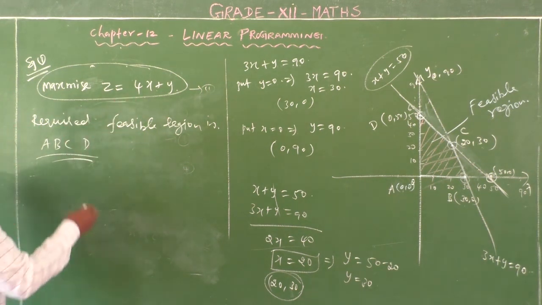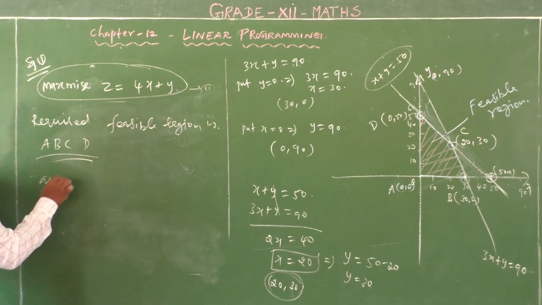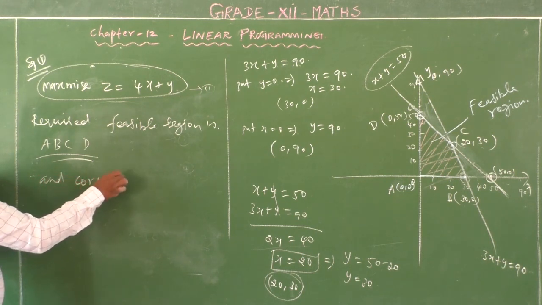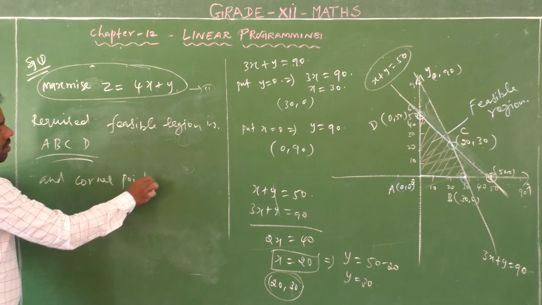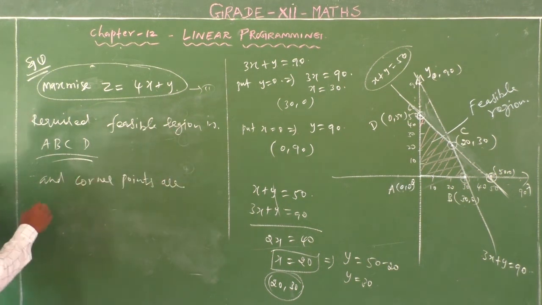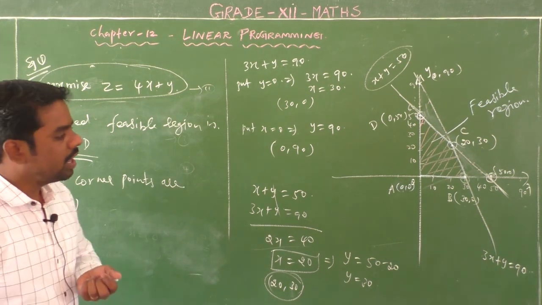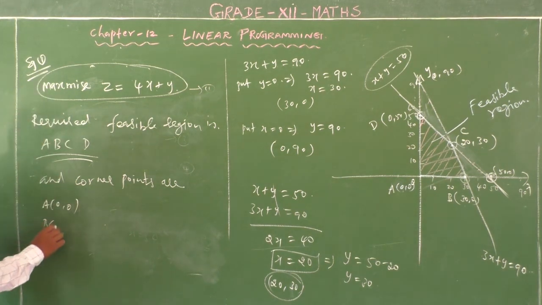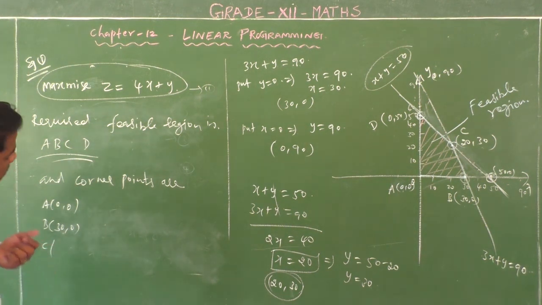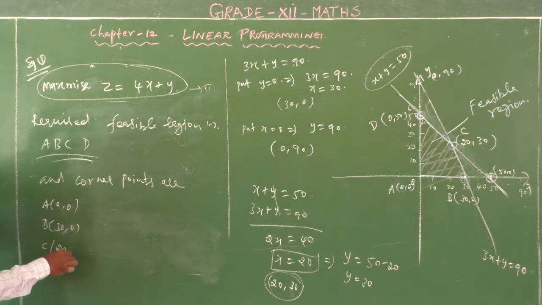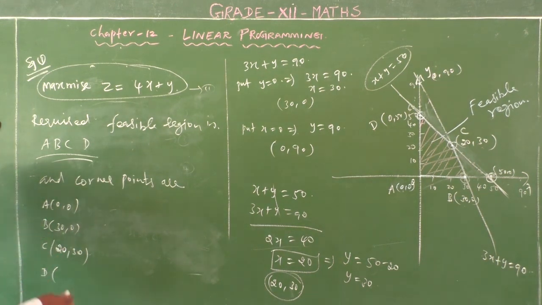The corner points are A is 0, 0, B is 30, 0, C is 20, 30, and D is 0, 50.